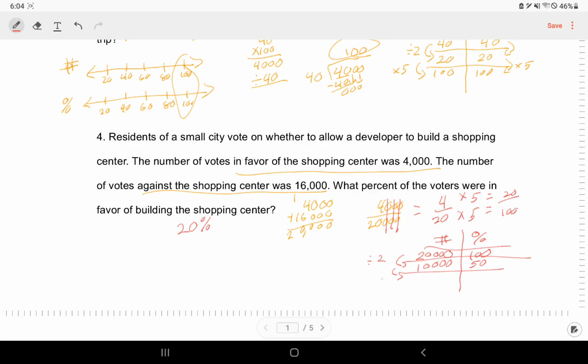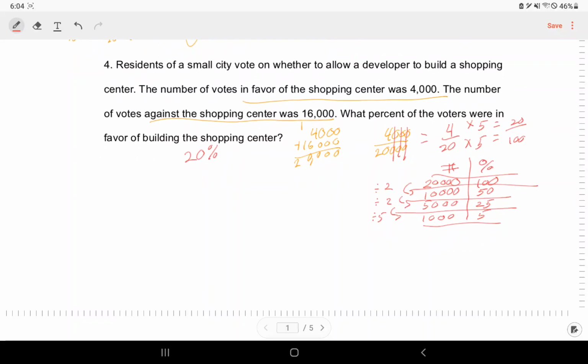If I divide by 2 again, that's 5,000. And so 25%. I divide by 5, that's 1,000, and 5%. Well, I want to get to 4,000, so I multiply by 4. And so 4 times 5 is 20. And so 20%.